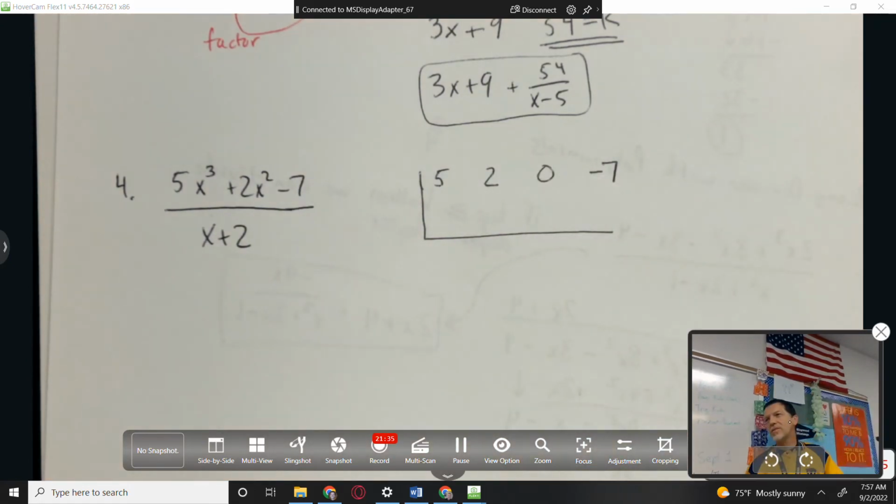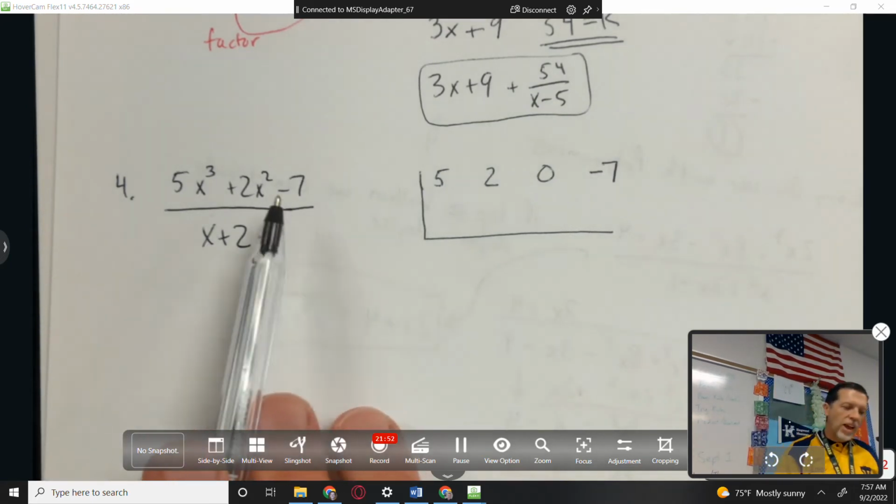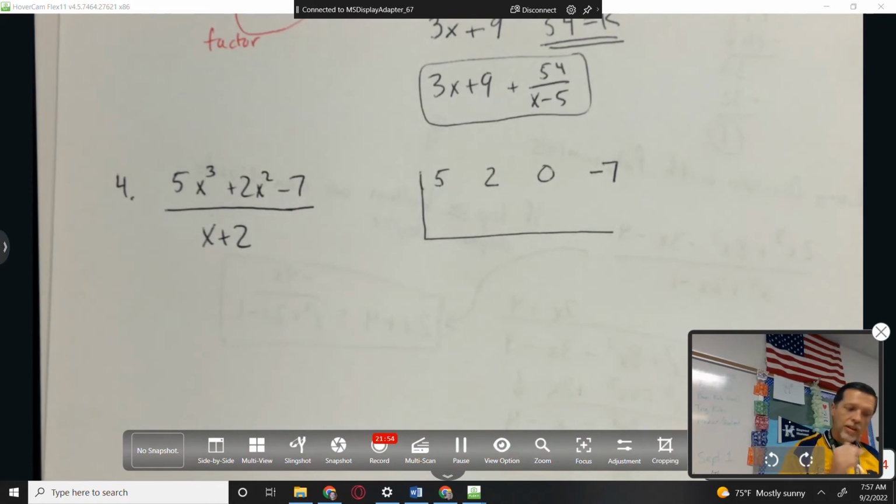Luke was not fooled. Again, if there's a missing term, you've got to account for it. So be super careful. It's really easy to get rolling on these, and you think you got it down super quick, and you're just going to write down 5, 2, negative 7 and roll with that. So slow yourself down enough to recognize if you're missing something.